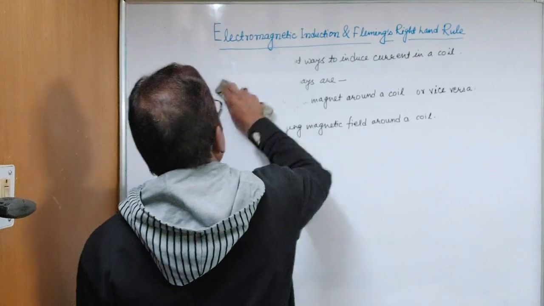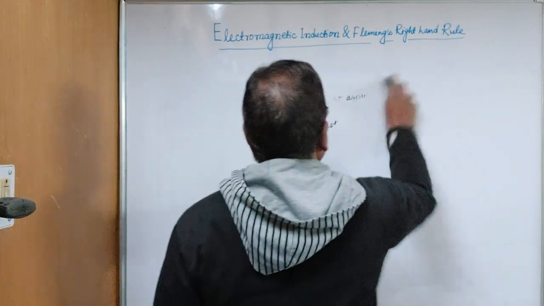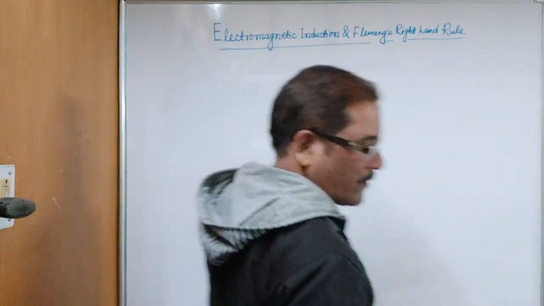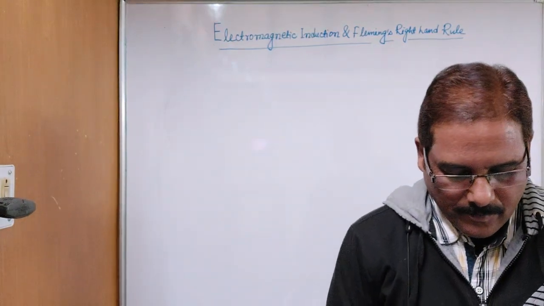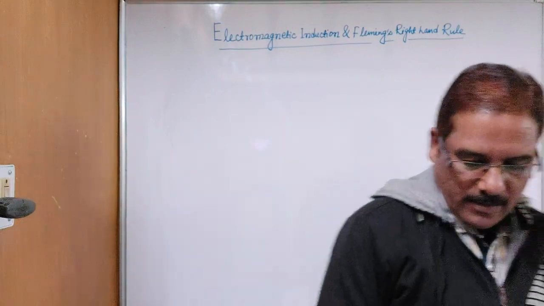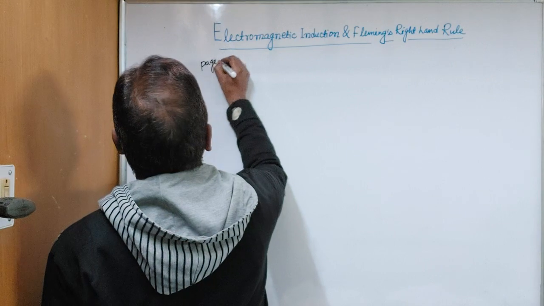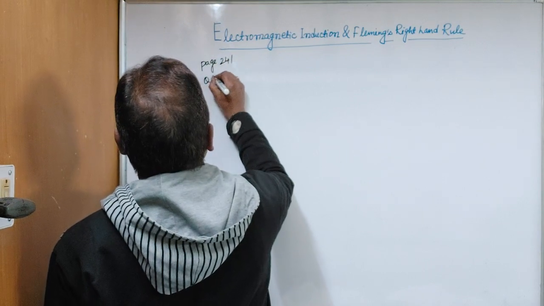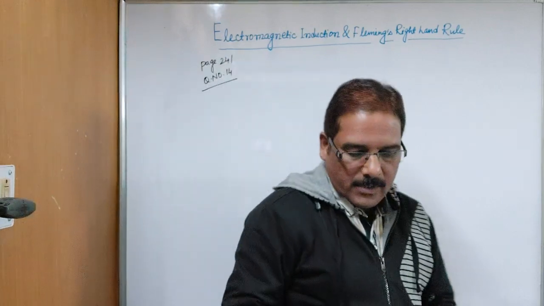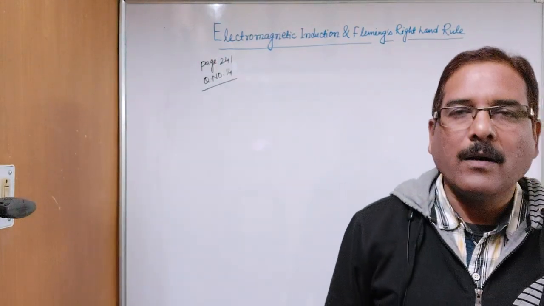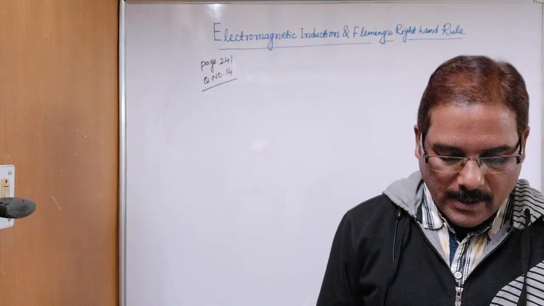Now question number 14, page 241. The question was, two circular coils A and B are placed close to each other.